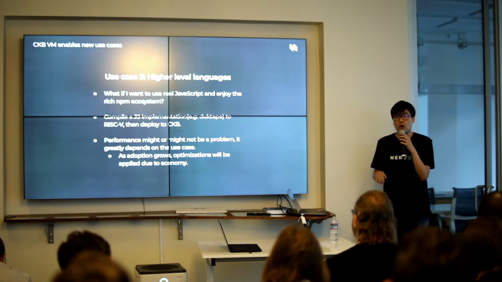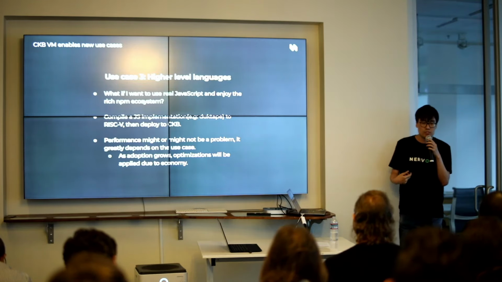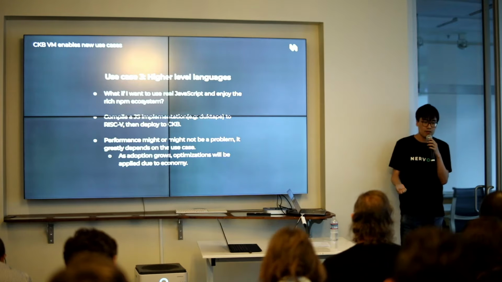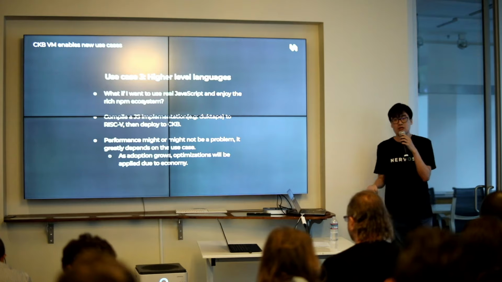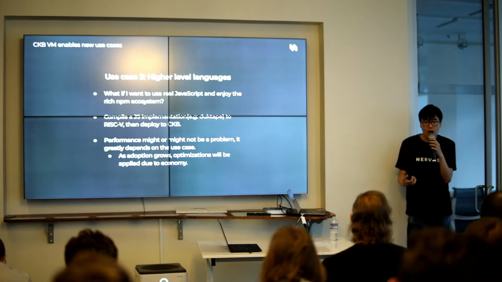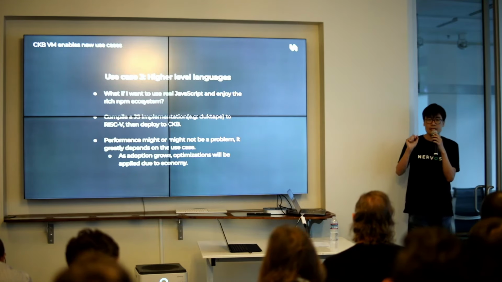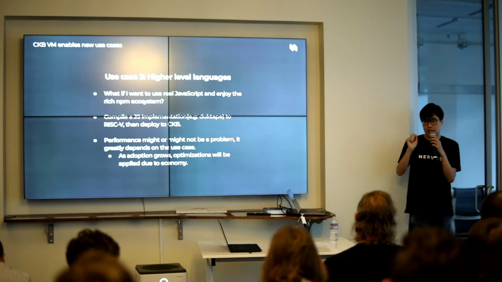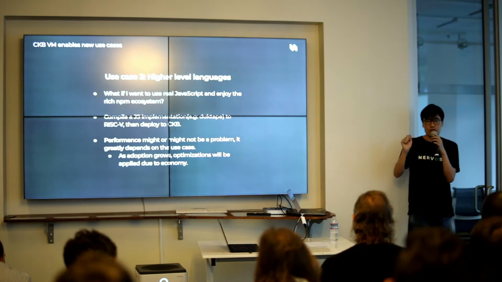And of course, one question that might be raised is that if we have this VM on top of the VM solution, the performance might be a little problem. But we believe that it really depends on the use case. You have to measure to see if performance is really a problem. Also, the other way to tackle this problem is that, initially, it's really a 0 versus 1 case.